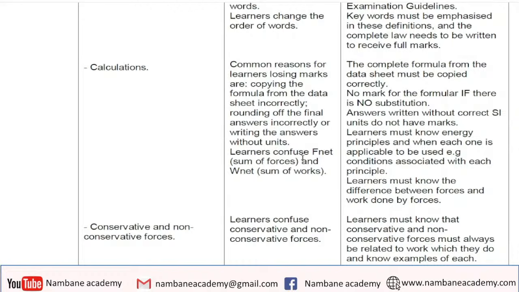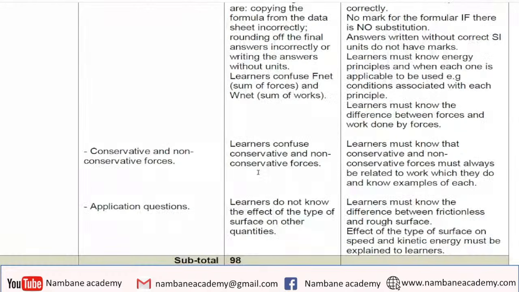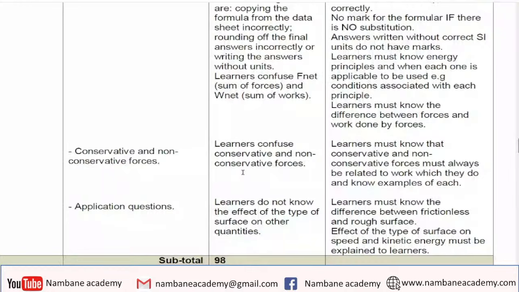So that is what comes to the issue of definitions. But with the non-conservative forces, when we use that formula, W nc is equal to change in kinetic energy plus change in potential energy. I know many times you'll find that the work done by non-conservative forces is equal to work done by friction. But it is not always the case. You need to know of conservative and non-conservative forces. Work done by non-conservative force will then mean the work done by all non-conservative forces acting on an object.